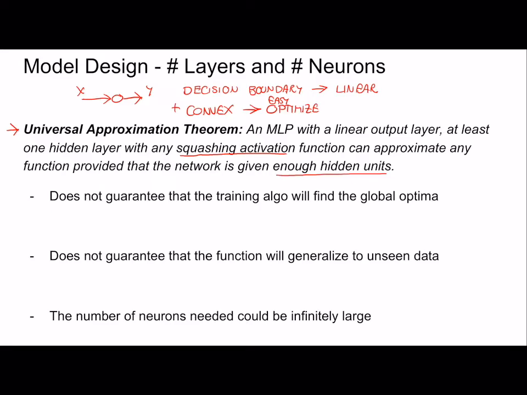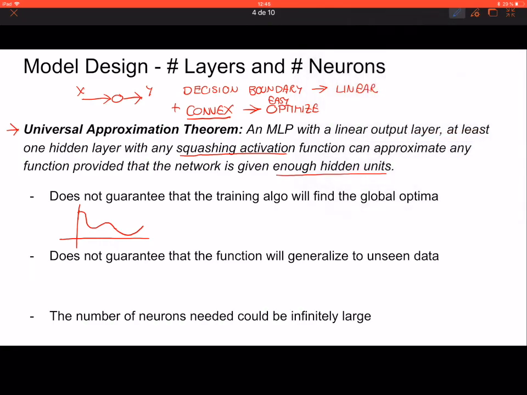All right, there are a few drawbacks. First, this doesn't guarantee that our training algorithm will find the global optimum. When our optimization task, or loss in this case, is not convex, it could have a shape that looks like this. The training algorithm, if it started here, could get stuck here in a local optimum.